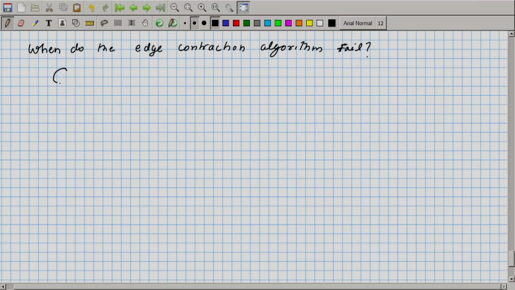Okay. So, instead of computing the probability of the algorithm failing, we will fix a particular cut C and compute the probability that the algorithm finds this particular minimum cut.